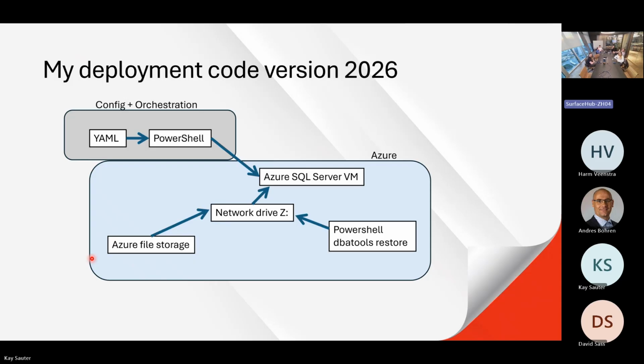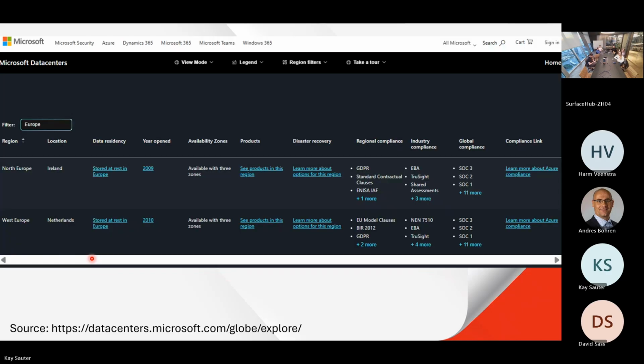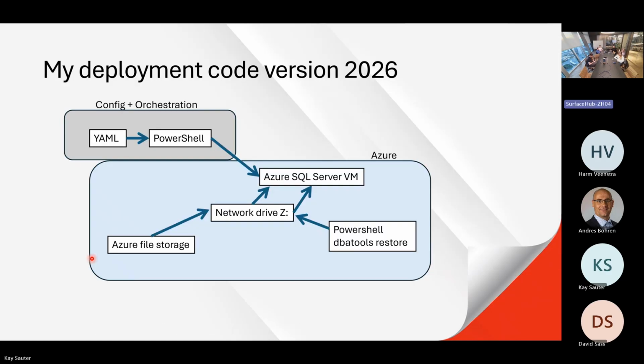Exactly, it's a famous one. I will show you a bit of it later. You can use PowerShell for backups, for restores, and almost everything that SQL Server Management Studio is able to do. It has now more than 700 commands, so it's a big, powerful tool. Of course, it will also be deployed here.